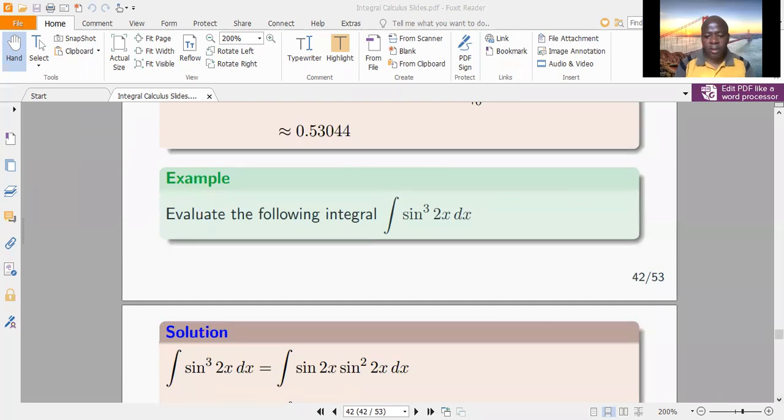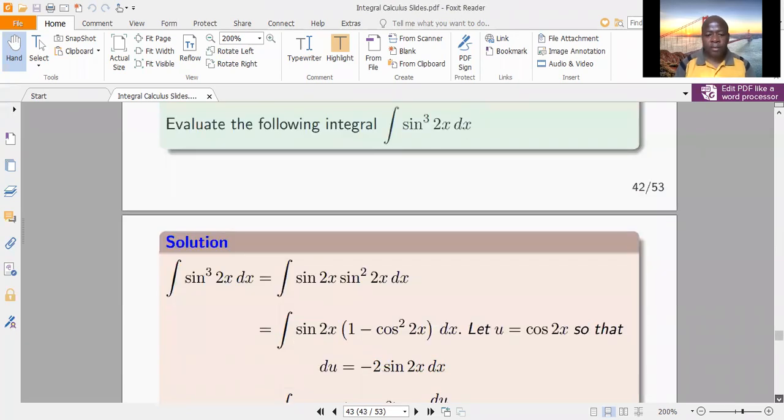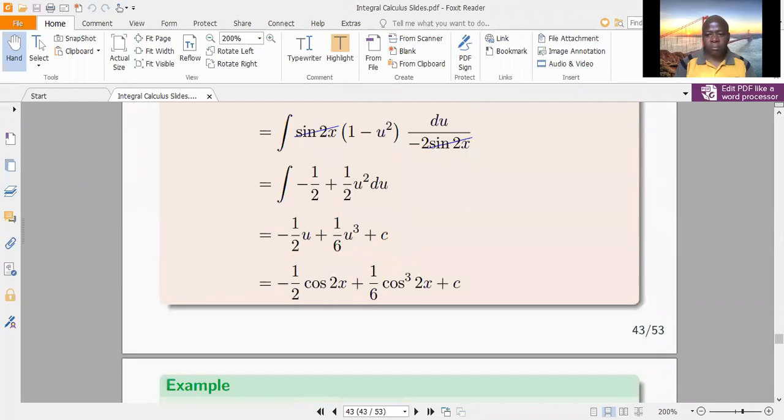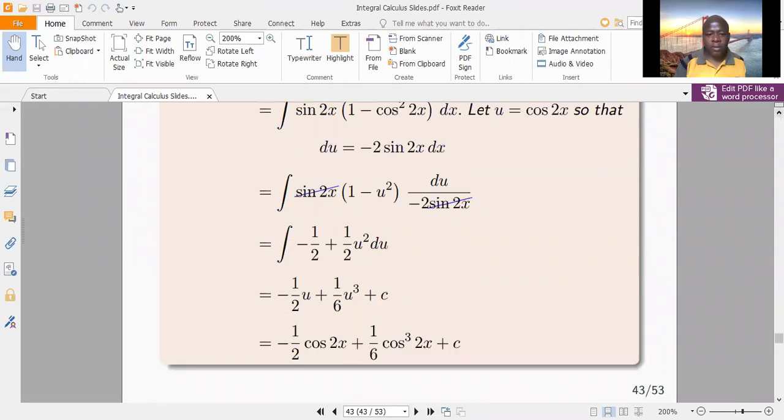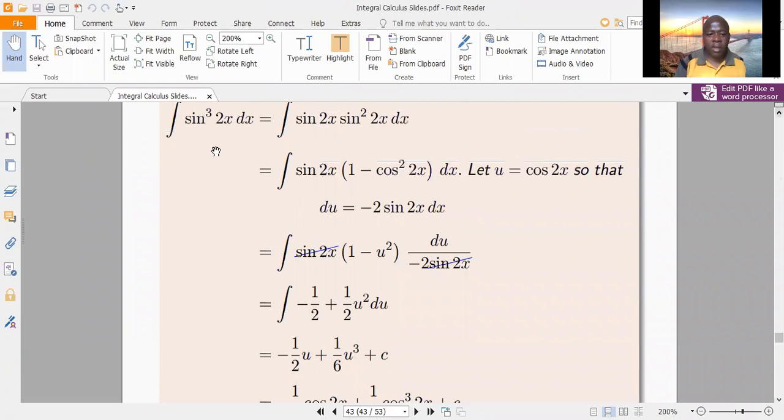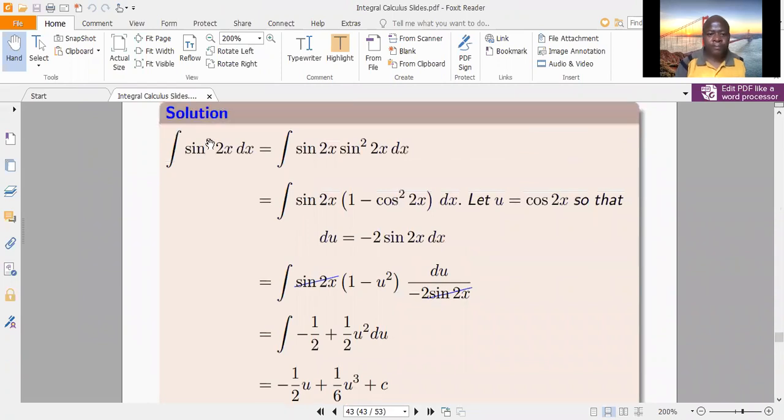So let's see what I did. Yeah, that's what I did. I saw that the exponent was odd, so I stripped out one, and I have this other one which I converted to cosine. You can see this one I've already talked about. Then dx. At this point, I let u be equal to cos 2x.